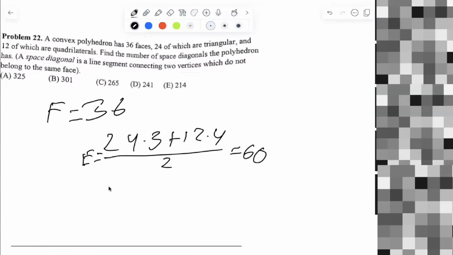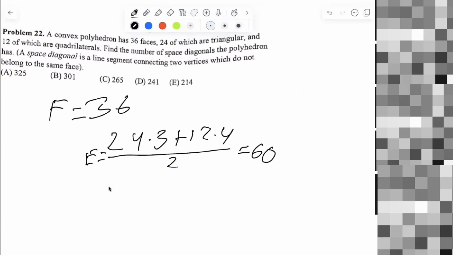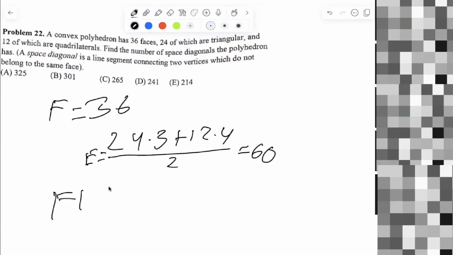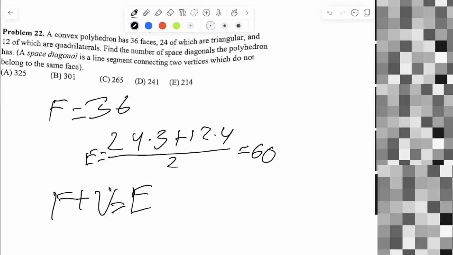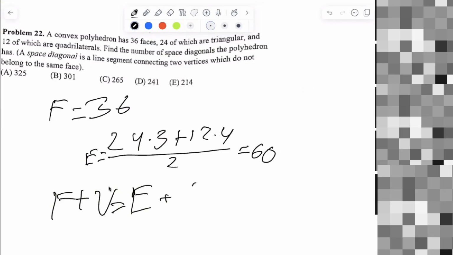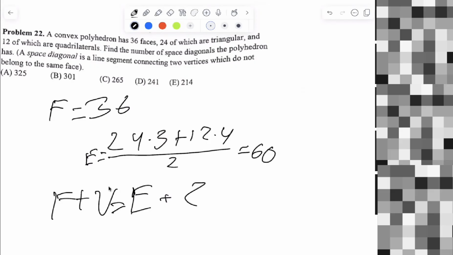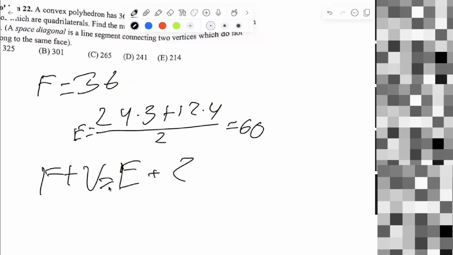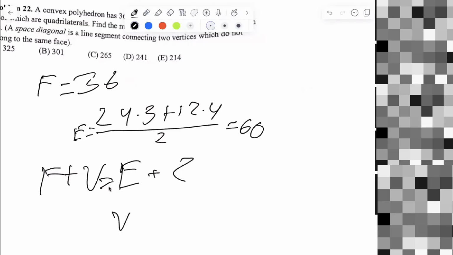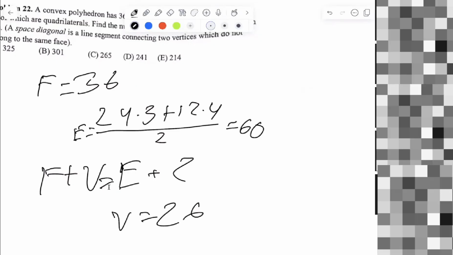Now, we know from Euler's formula, which we talked about before, that faces plus vertices is equal to edges plus 2. Edges plus 2, not divided. Plugging in our values, we get vertices is equal to 26.